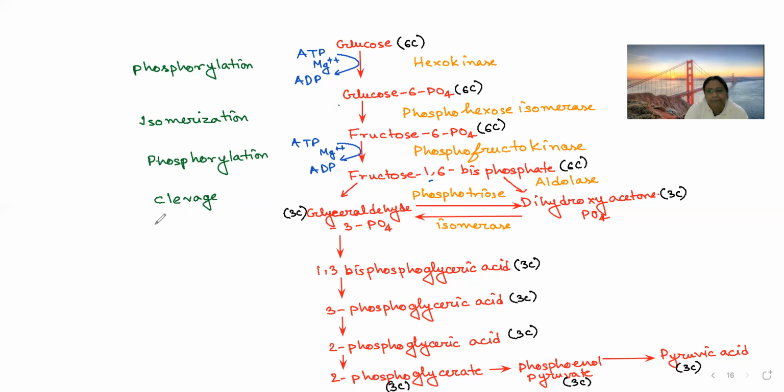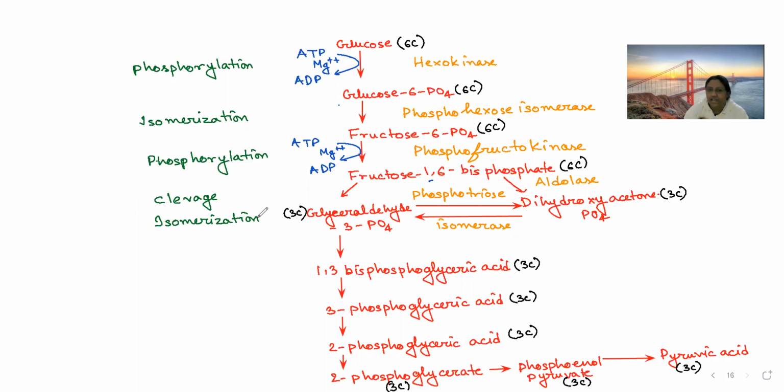Tell me, beta. Phosphorylation. No, how? Isomerization. No, it is isomerization. The word isomerase is there, beta. Dihydroxyacetone phosphate and glyceraldehyde both have the same chemical formula, only one is a ketone, another one is an aldehyde.